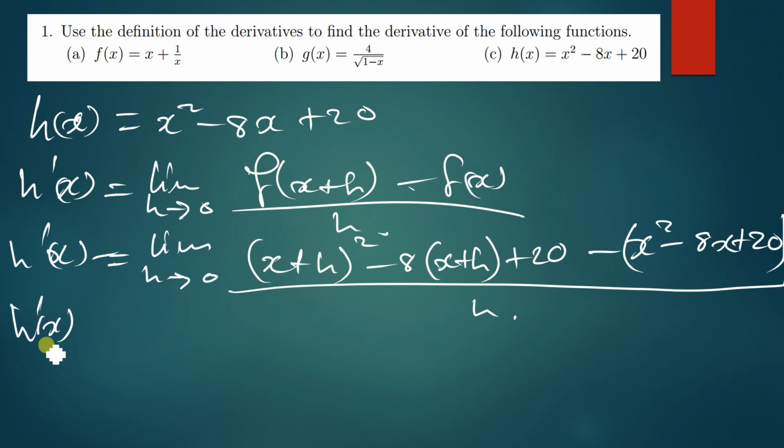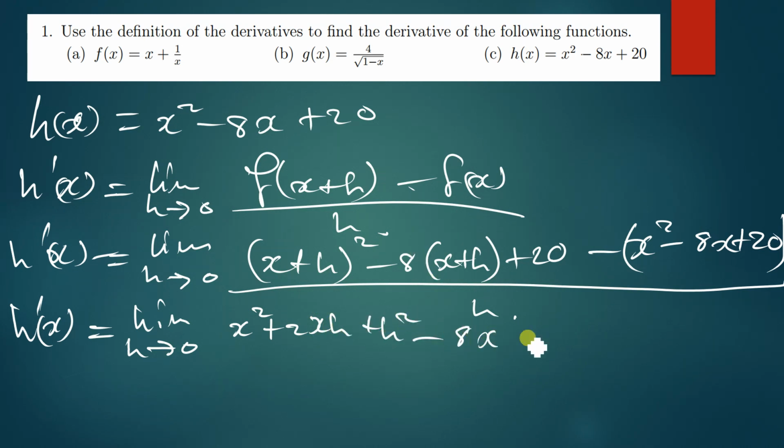So our h prime of x is going to be equal to the limit as h approaches 0 of, when you simplify this part, we get x squared plus 2xh plus h squared, then minus 8x minus 8h plus 20, then negative times x squared, negative x squared, negative times negative 8x, positive 8x, negative times 20, we have negative 20.